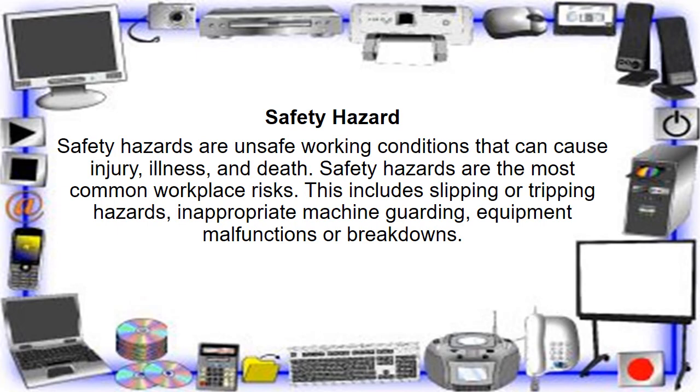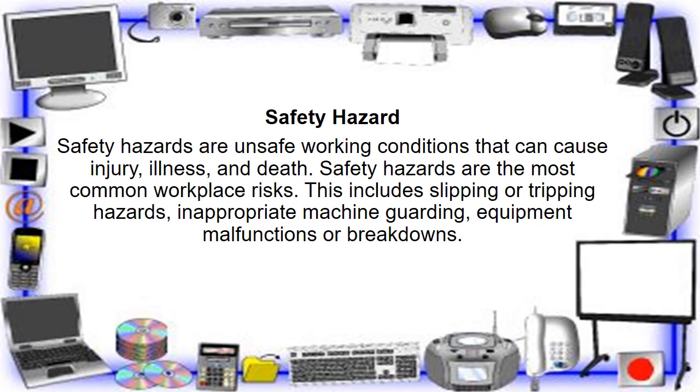So the examples of these safety hazards are slipping or tripping hazards. Just like if you are not carefully looking at where you are walking, you might trip or slip on something, and it might cause you injury, illness, or death. And also inappropriate machine guarding.